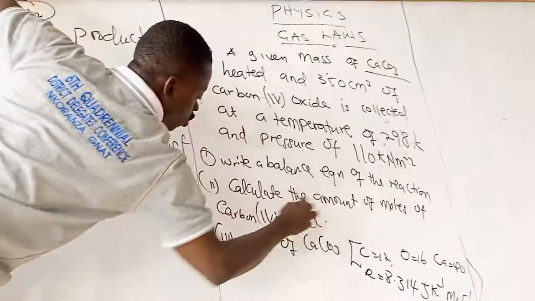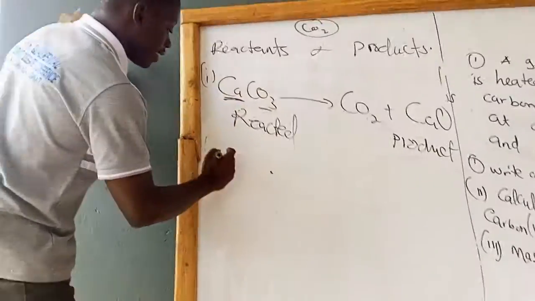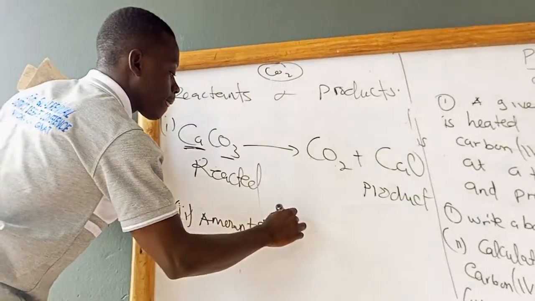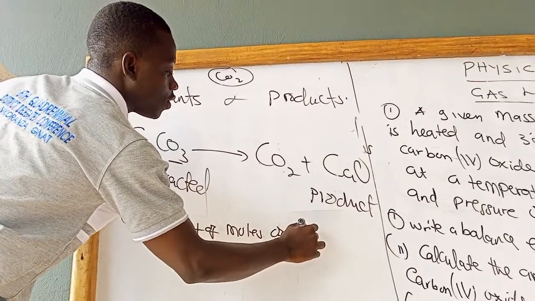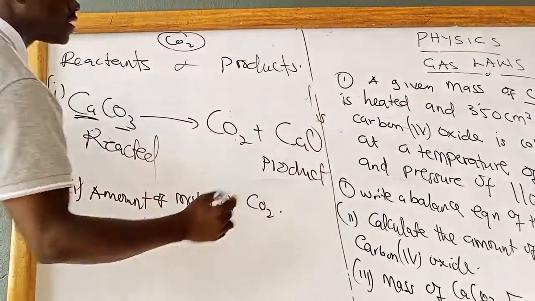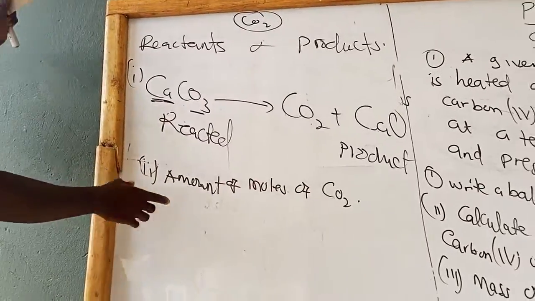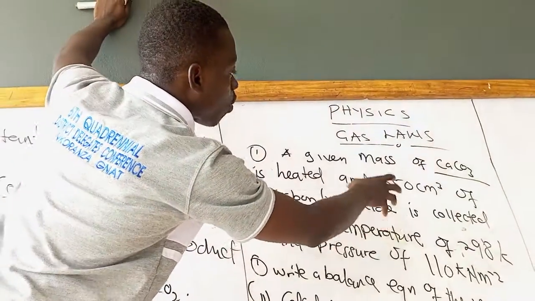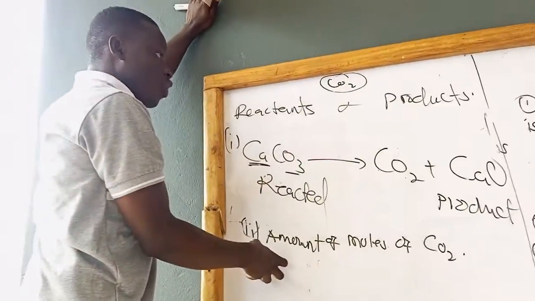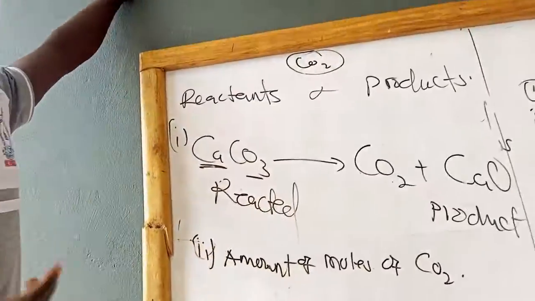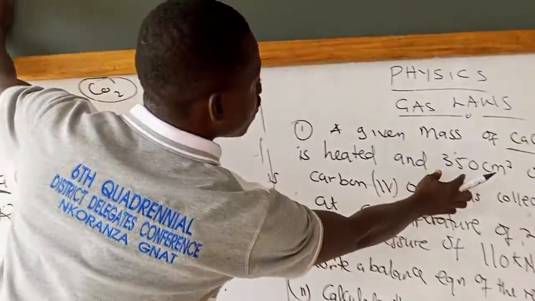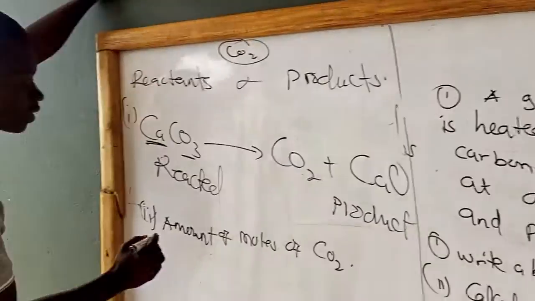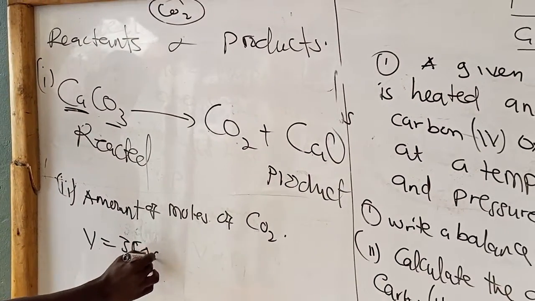So now we come here: calculate the amount of moles of carbon 4 oxide. II, amount of moles of carbon 4 oxide. Now they are saying to find moles. So you come to the question and see what has been given so that you can know the formula that you can use to find it. In the question, they gave us a volume V to be 350 centimeters cube.